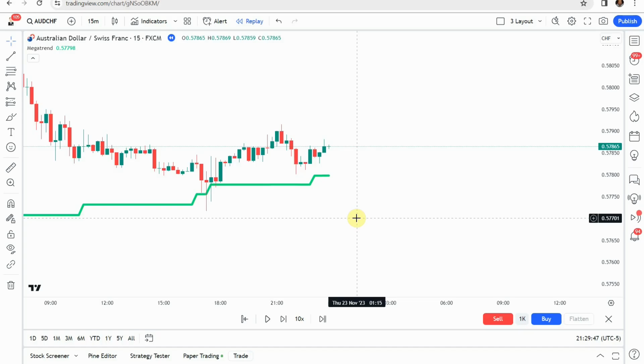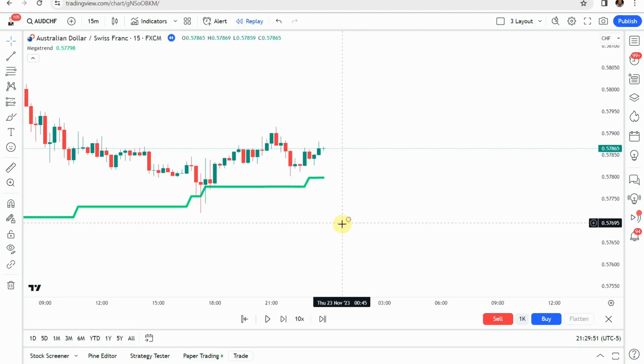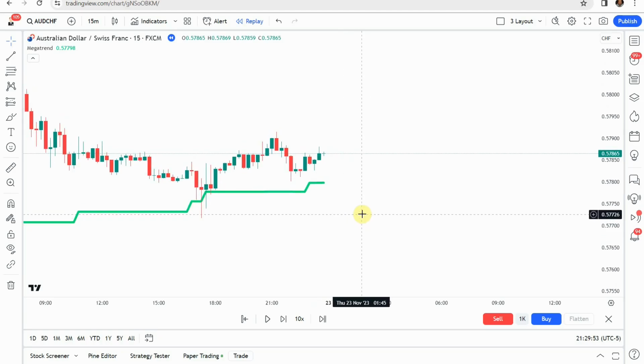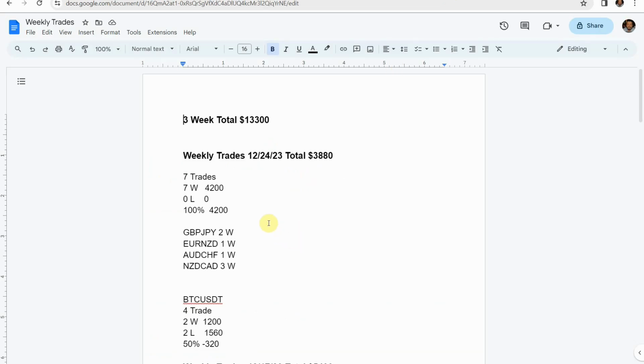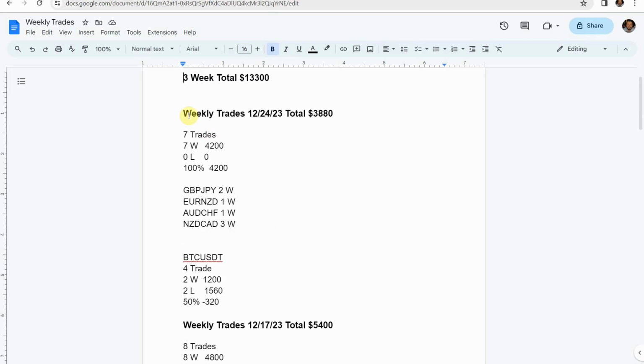But you can see here by the testing that it is a far more profitable and efficient indicator, like I said, by far. Let's go ahead and take a look at the weekly trades. And so these are the trades that we are tracking each week, the signals from these 4 Forex pairs. This is the Academy of Forex strategy that I'm referring to.